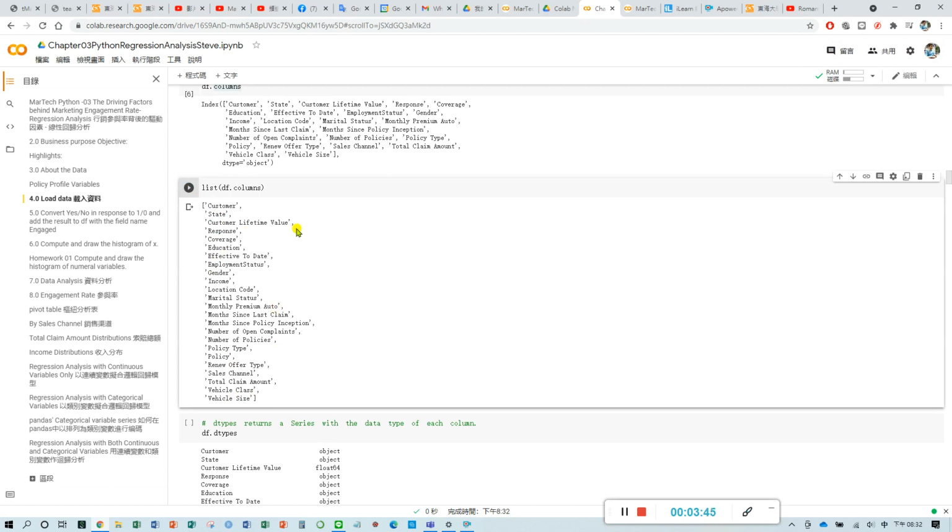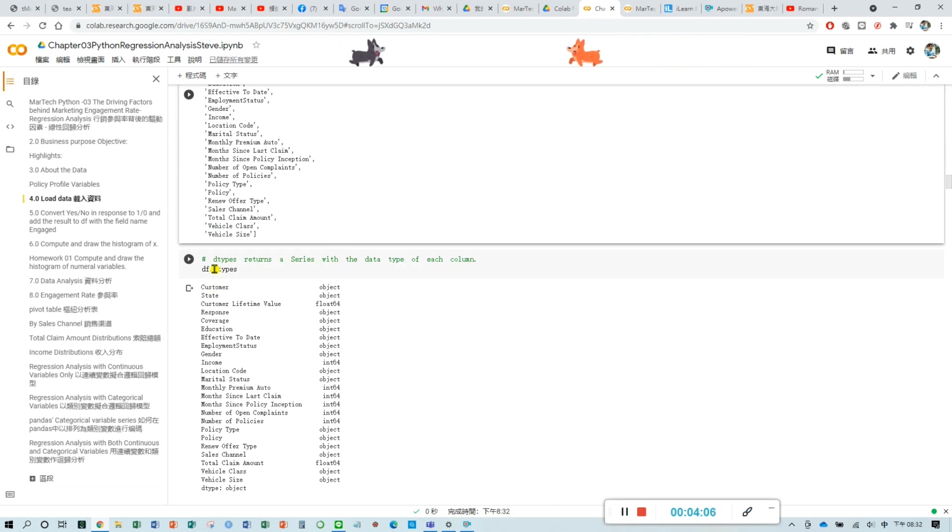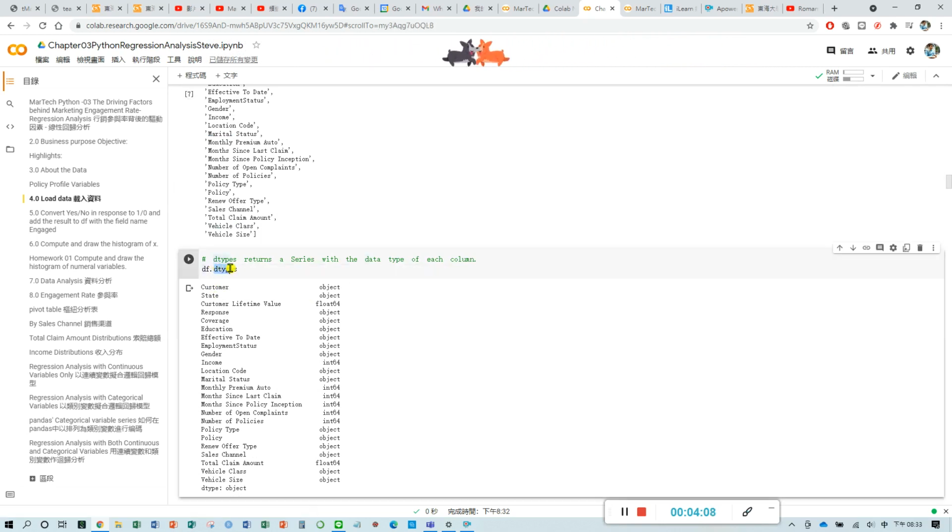Okay, so what is the topic? The most important factor we are going to consider is the response: did the customer renew their auto insurance? Okay, so dtype is the data type for each variable.